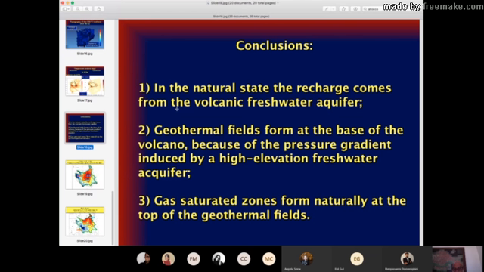So the geothermal fields form at the base of the volcano because of the pressure gradient induced by the high elevation freshwater aquifer. Gas saturated zones form naturally at the top of the geothermal fields, which are domes covered by clayey rocks.